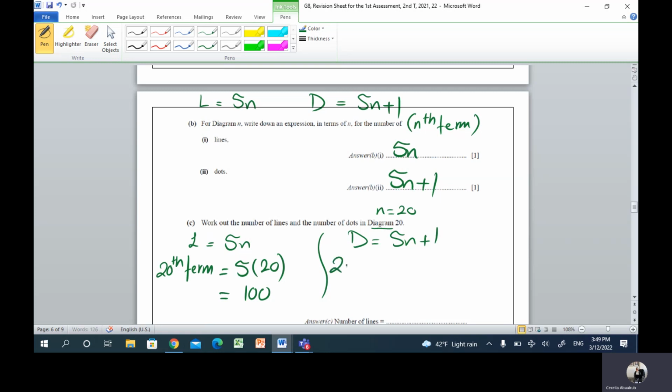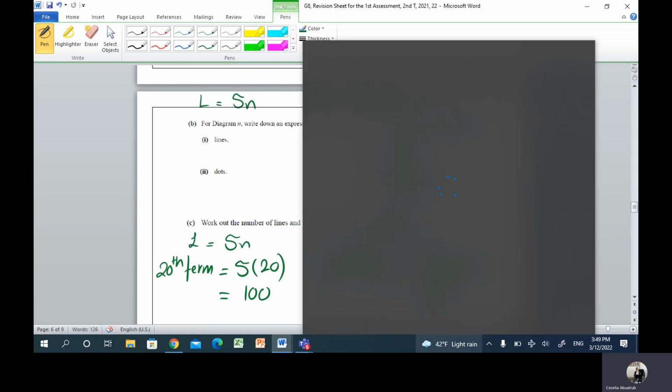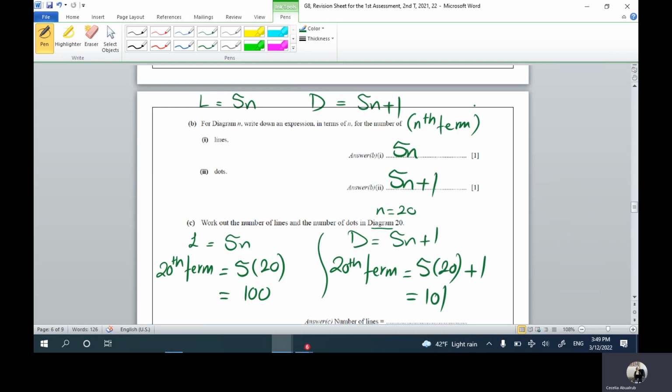And the 20th term for dots will be 5 times 20, plus 1. So this will be 101. So I will have in that 20th diagram 100 lines and 101 dots.